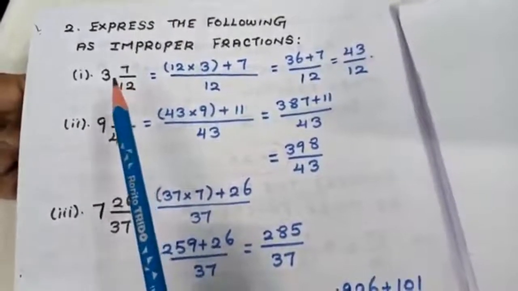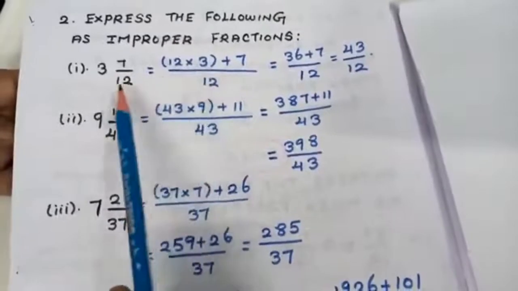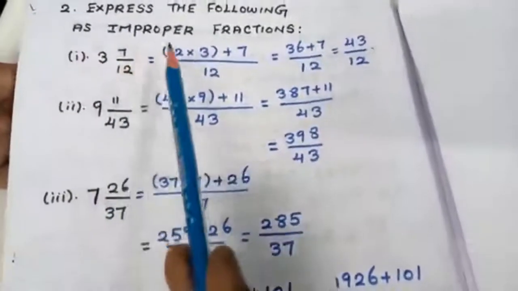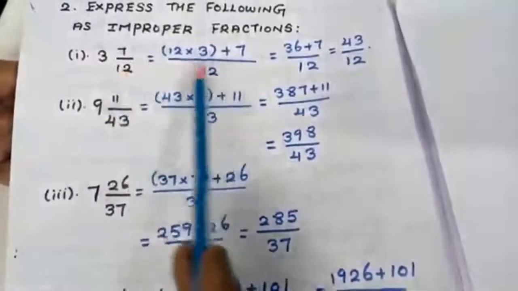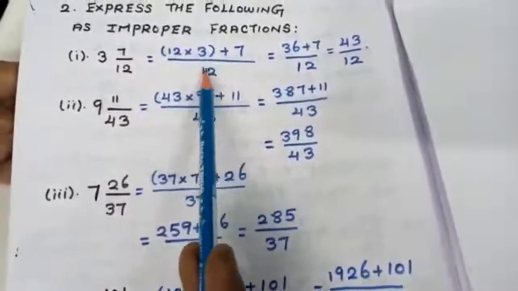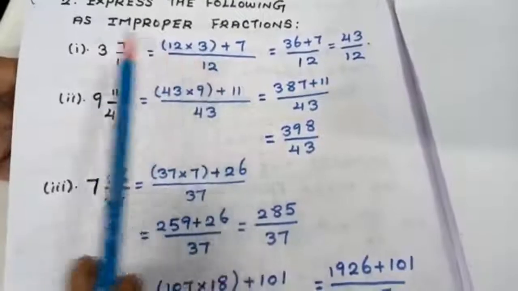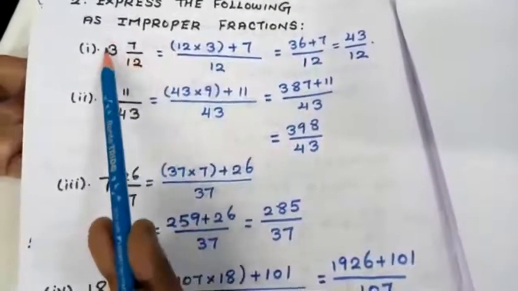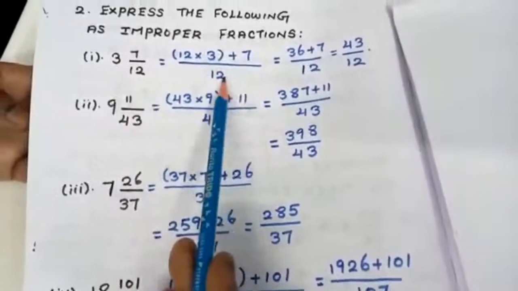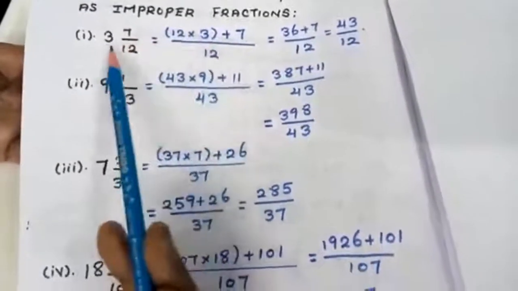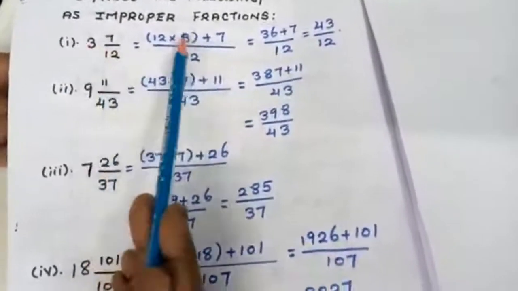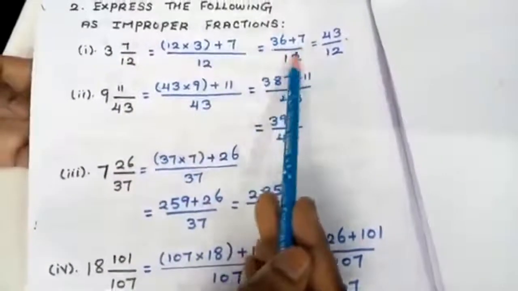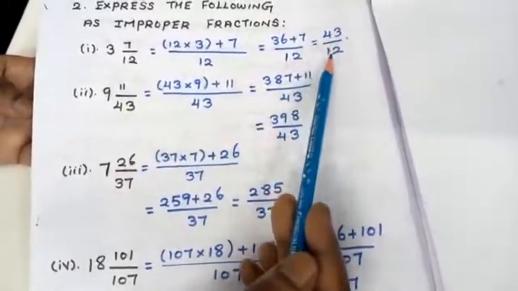So how do we convert this into an improper fraction? 3 7 by 12. I will tell you the method, students: the denominator 12, write it as it is. The numerator I calculate this way: 12 into 3 plus 7. 12 3s are 36 plus 7, so you will get 43 by 12.